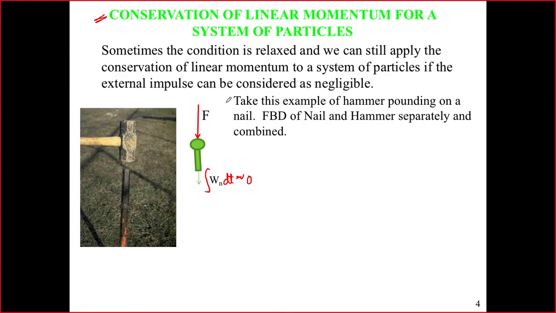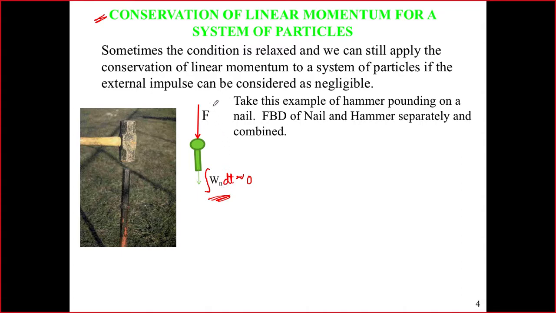So when we consider the impulse of a force to be negligible compared to other impulses, this type of force is called a non-impulsive force, as the name implies. It means its impulse is so negligible that we consider it non-impulsive.